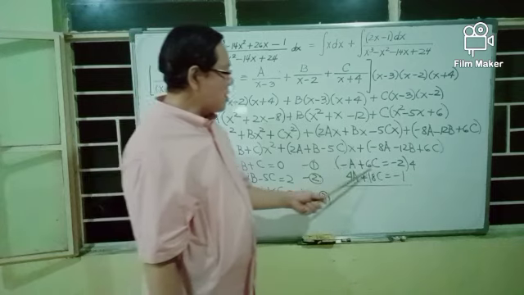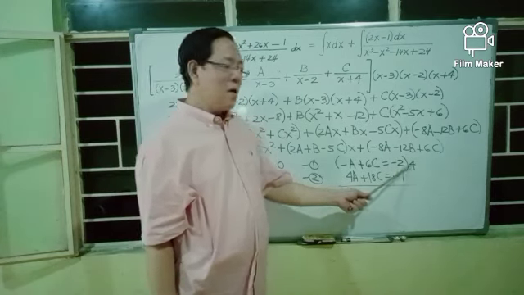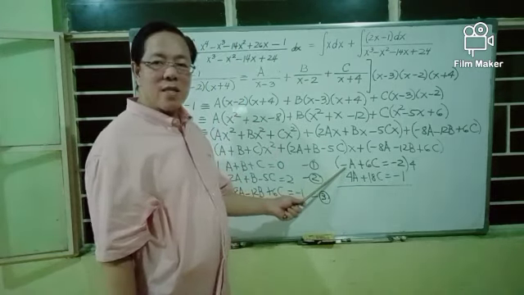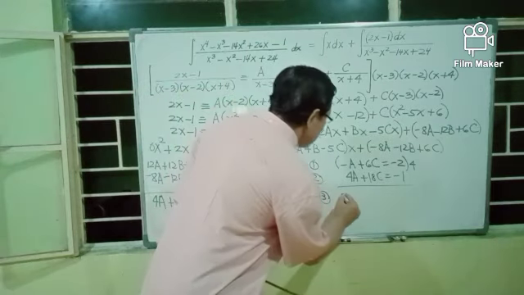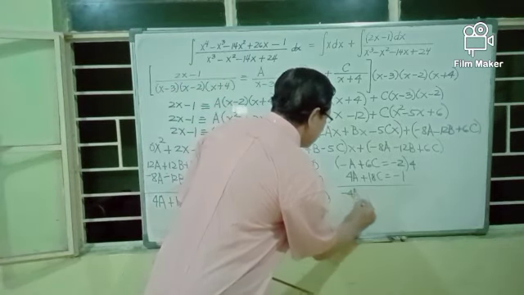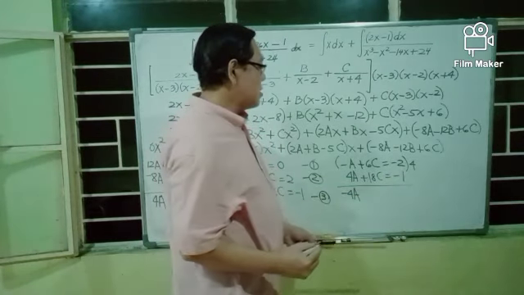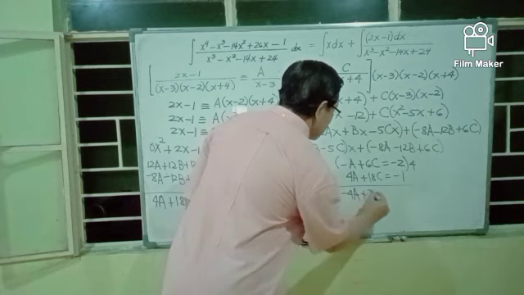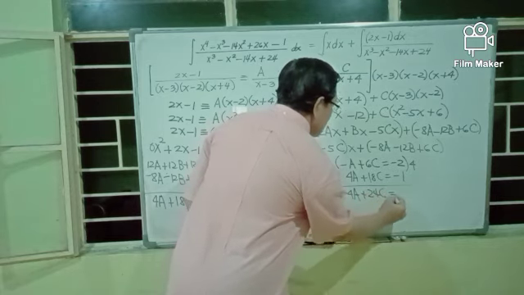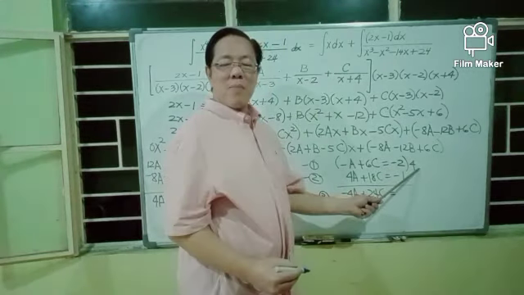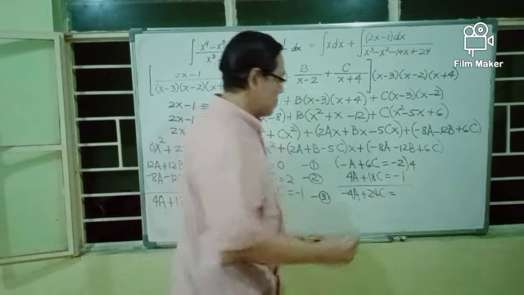So we multiply this equation by positive 4. Multiply by minus a, negative 4a. 6 multiplied by 4 is 24c. And negative 2 multiplied by 4 is minus 8.